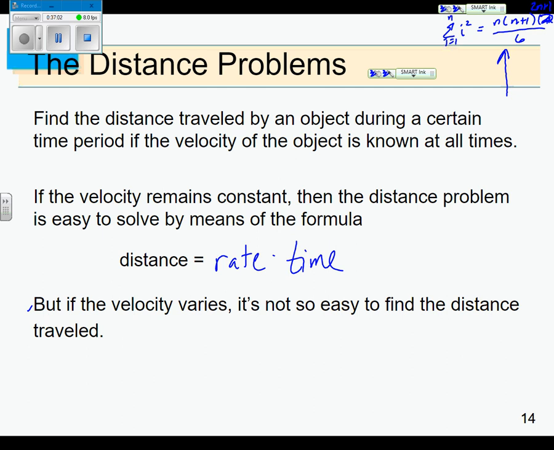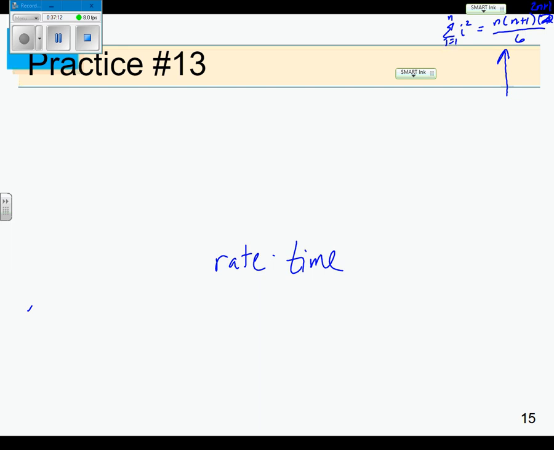But if the velocity varies, which it often does, it's not as easy to find the distance traveled. But we can use what we did today in this video to help us. So I'm actually going to work one of your problems. Let me get you going on your practice problems on this, okay?